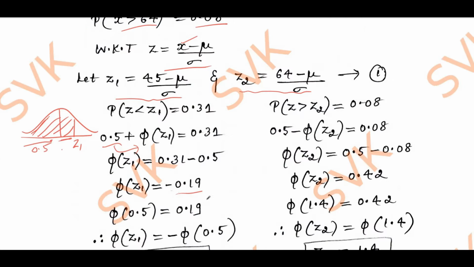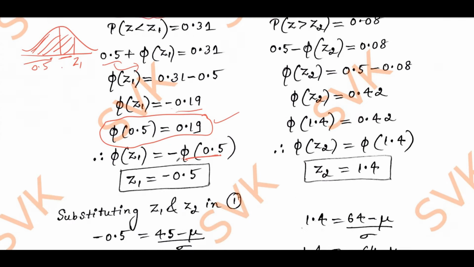So therefore, phi of 0.5 is equal to 0.19. If they don't mention that in your question paper, you require to find it using the normal distribution table. This is how we can calculate using the normal distribution table. So after coming to know that 0.19 is given by phi of 0.5, I have substituted that value here.